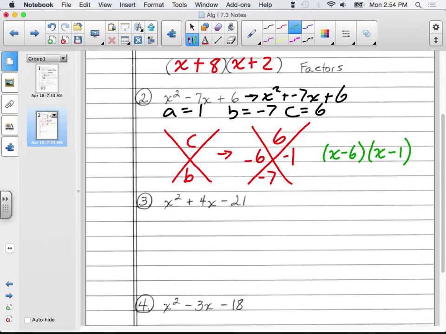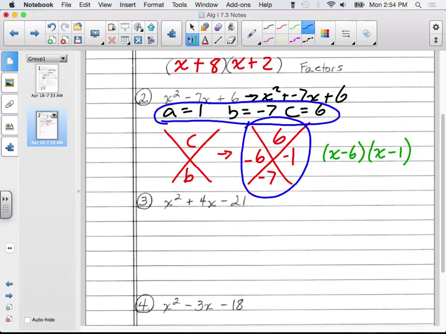All you guys have to show on your assignments are finding your A, B, and C value. Just this first diamond method right there, and then your final answer. So we don't have to FOIL it. No check problem today.